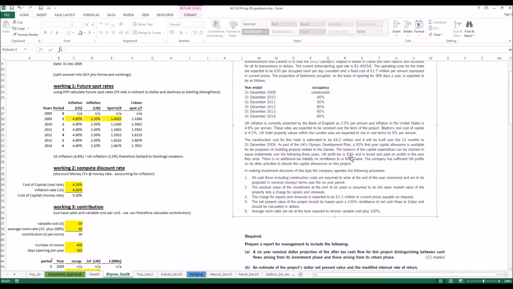So think about that in terms of how you would capture that capital allowance to save on tax. There is no additional tax liability on remittance to Dubai, so we don't have to worry about that. The company has sufficient UK profits on its other activities to absorb capital allowances on this project.